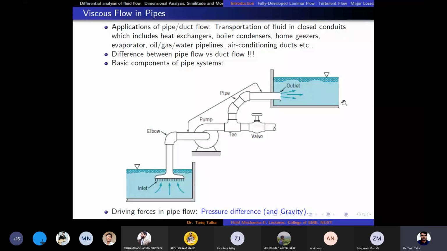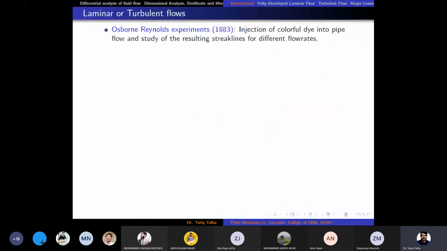So whenever you open your tap, there will be some water provided if your overhead tank has some water stored. So gravity can be a driving force, and the pressure difference is normally the driving force in pipe flows or internal flows.